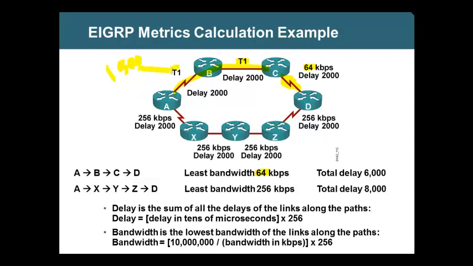You should see only the slowest link bandwidth. Plus, the delays need to be summed: 2000, 2000, 2000, 6000. That's the meaning of slowest link bandwidth plus sum of delay.